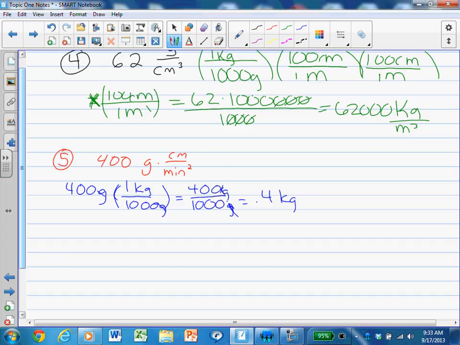Okay. Now she's changed to minute times minute. There's 100 centimeters in a meter. There's that conversion. And each minute, which would go on top to cancel with the one on the bottom, gives you 60 seconds.